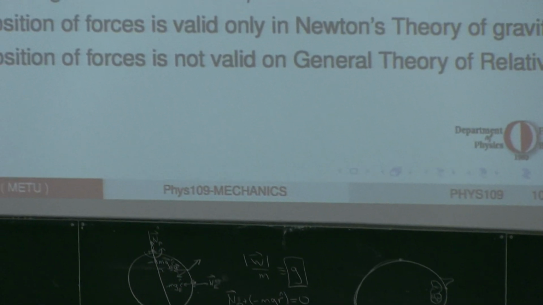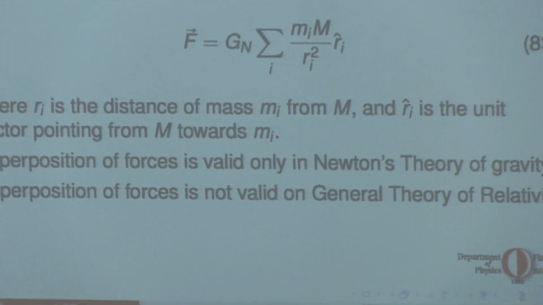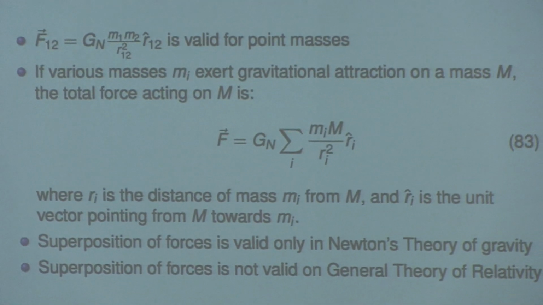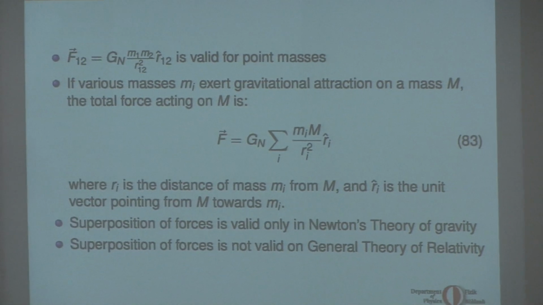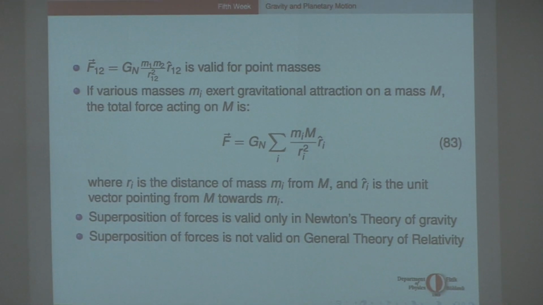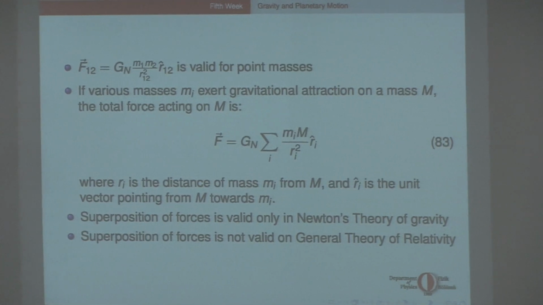Now, there was one point that I was kind of cheating. We were using this gravitational attraction law for planets, which are large objects, and the sun, which is also a large object. So we have the sun over here.